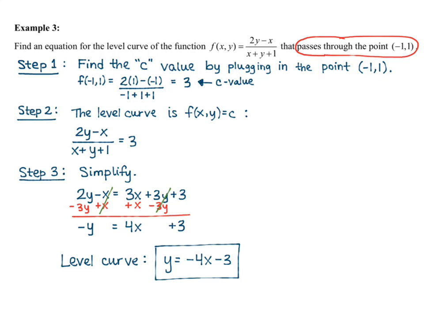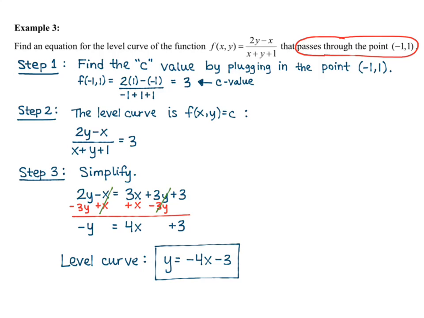So our level curve is y equals negative 4x minus 3. So this is the level curve in the xy plane. Remember, level curves are two-dimensional in the xy plane because we've gotten rid of the z by letting the z equal a constant. So that's the level curve that passes through the point x equals negative 1 and y equals 1.